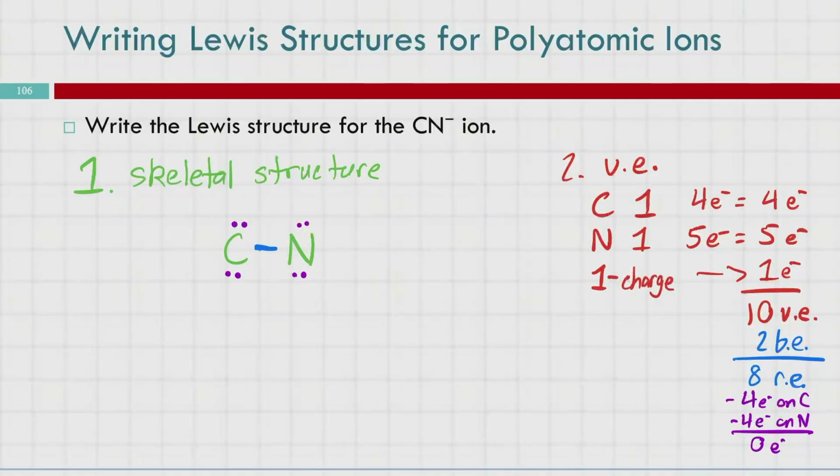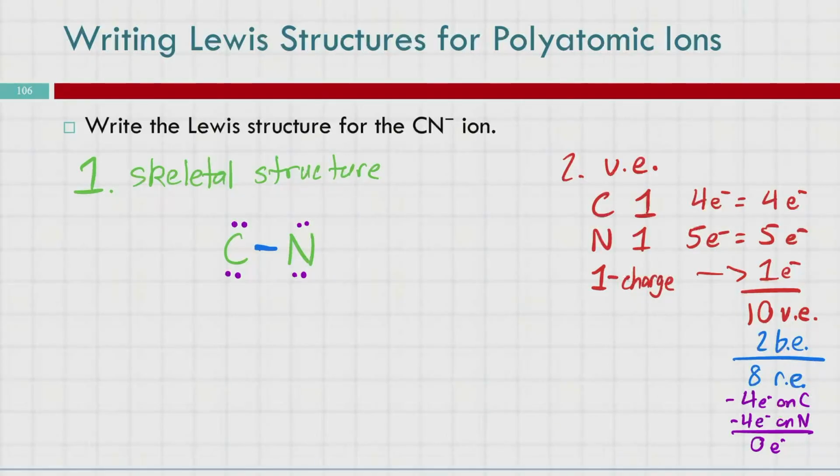How many valence electrons count for carbon's octet? We have 6, 2 lone pairs and 1 bonding pair. Nitrogen, it's the same situation, 2 lone pairs, 1 bonding pair. They each need more, right? They don't have their octets. How can we give carbon and nitrogen more electrons?